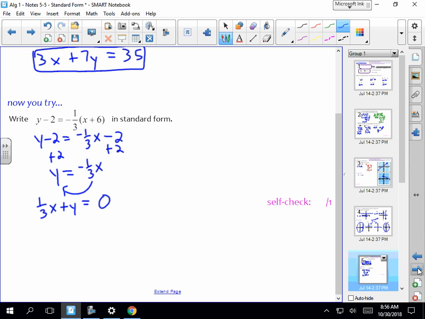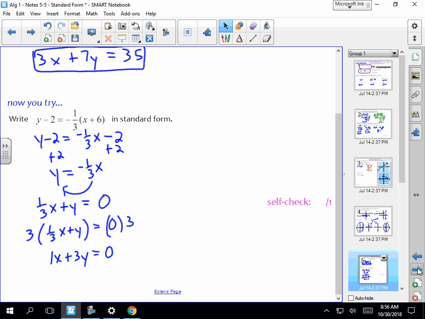And to get rid of that fraction, I'm going to multiply through by 3 in this case. So take 1/3 x plus y, multiply that by 3, and 0 times 3. So 3 times 1/3 is 1x plus 3y equals 0.